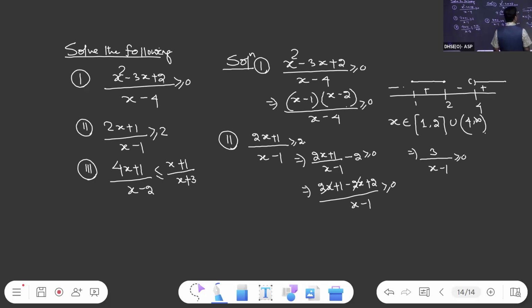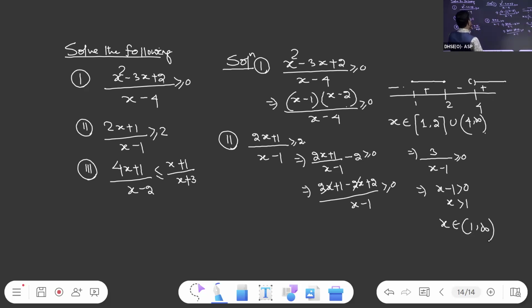So the numerator is a constant quantity and it is positive. So this expression can never be equal to 0. The only possibility is this expression can be greater than 0, which is possible only when x minus 1 is greater than 0. So x is greater than 1. So x belongs to 1 to infinity, right? This is the answer to question number 2.